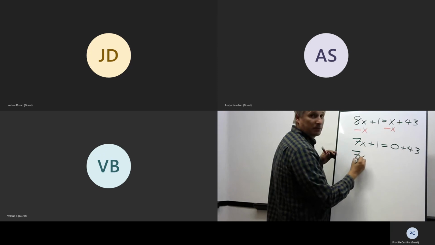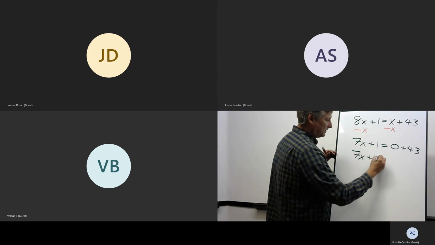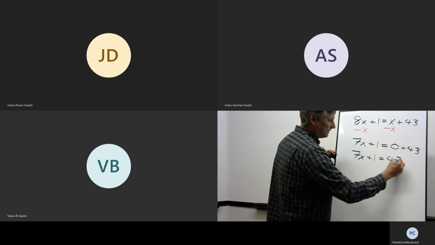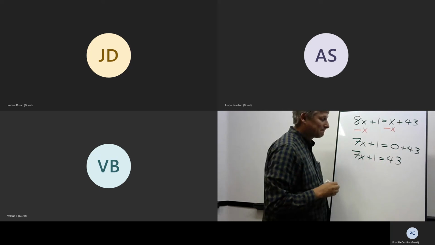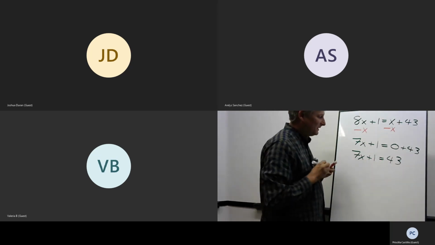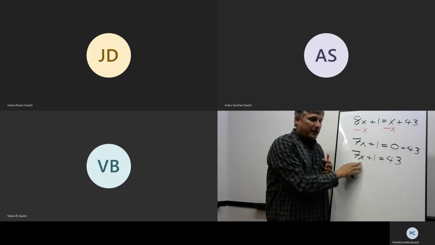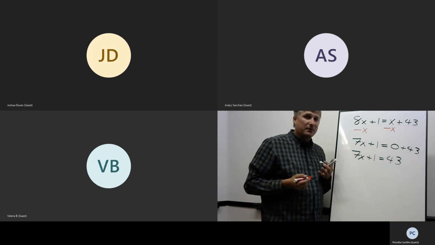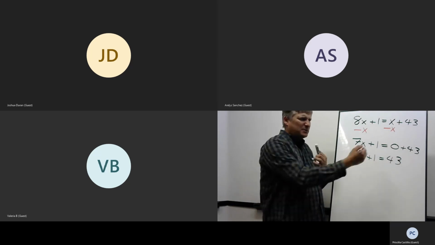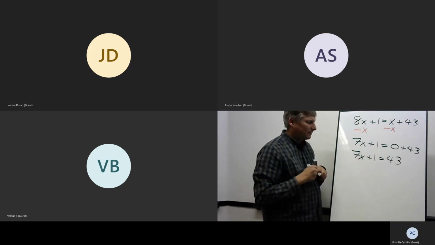And then 0 plus 43, that's just 43. So I've got x's only on one side. But now I want numbers on the other side. I want x's and numbers across from each other.